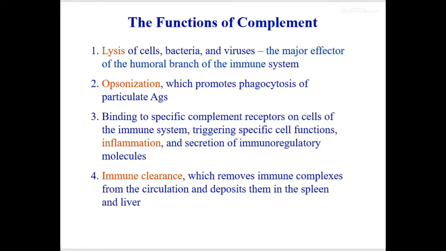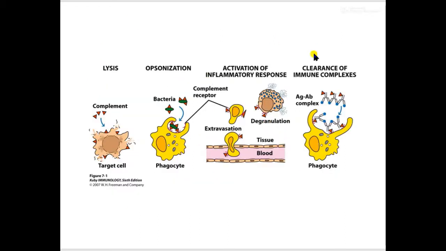These are removed from the circulation and deposited into the spleen and the liver, with further decomposition with the aid of complement action. So these are the four different functions I mentioned: the lysis, the opsonization, the activation of the inflammatory response, and the clearance of the antigen antibody complexes.